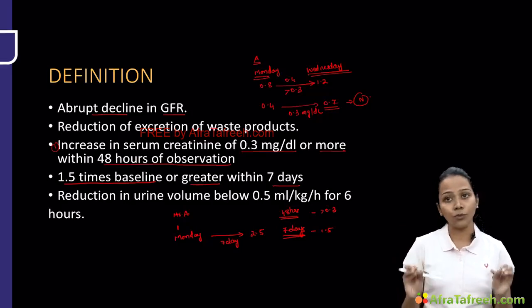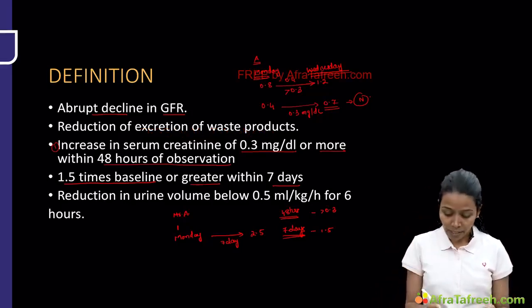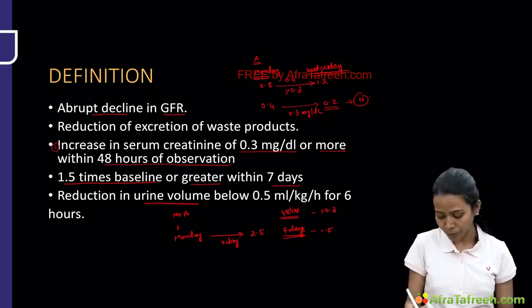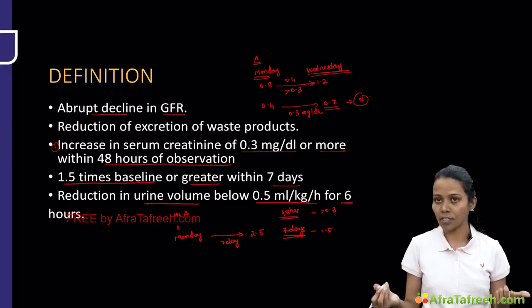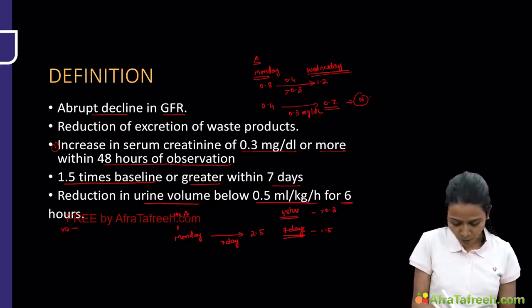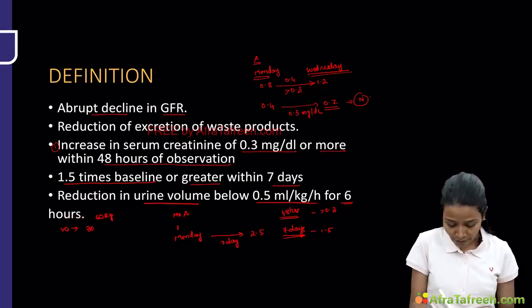So one way you can define acute kidney injury is by using the creatinine. The second is by using urine volume. So it is less than 0.5 ml per kg per hour for 6 hours. For example, it's a 60 kg person, in ICUs we'll be monitoring hourly, right? So if it is less than 30 ml for 6 hours, then also the patient has AKI.